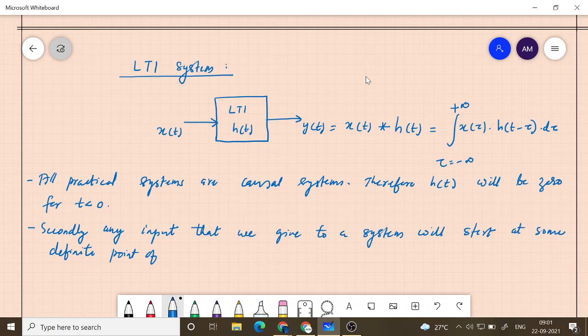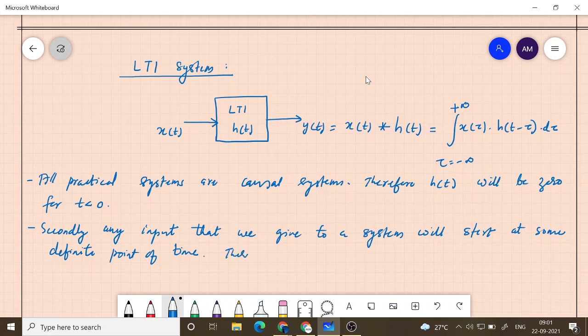So in practice, whenever we give an input, we give a non-zero value of input only from some point of time. Before that there was no input, or it is 0.